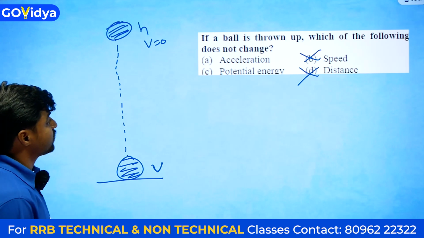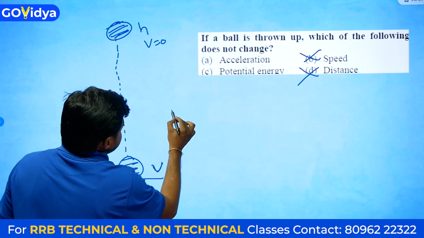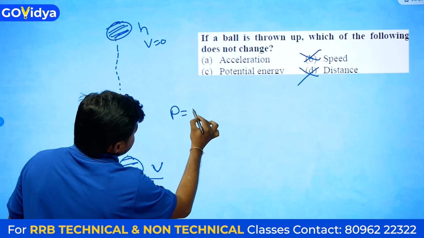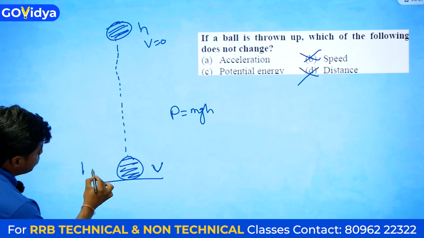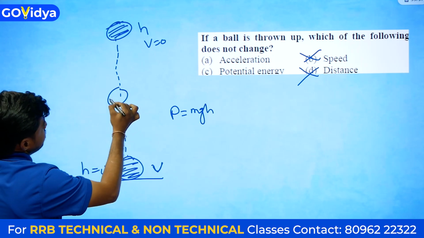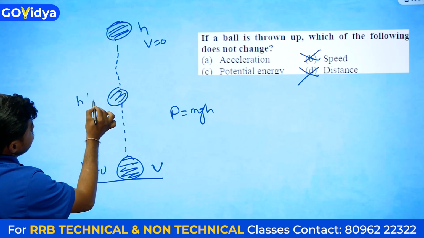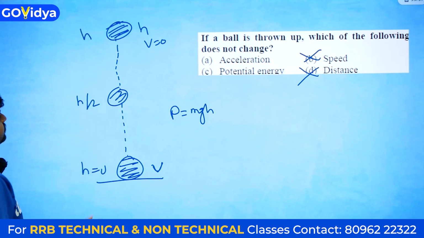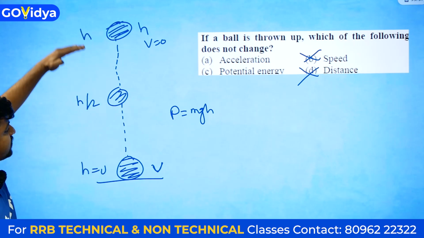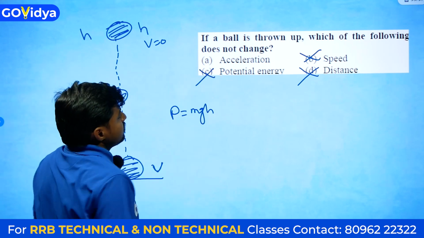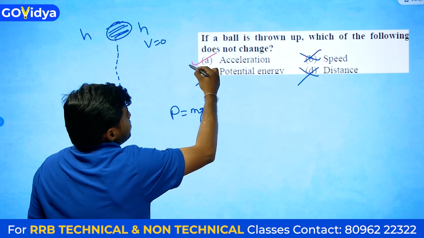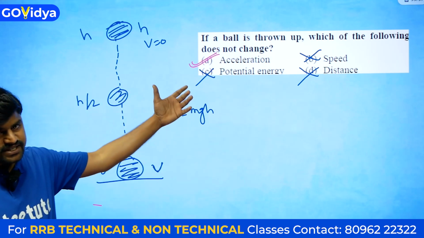Next, potential energy. What is potential energy? Potential energy is equal to mgh. Here h is changing. Here h is equal to 0, here h is equal to H by 2, and here h is equal to H. Height is changing, which means potential energy also changes. This is also a wrong answer. Acceleration will not change. Acceleration due to gravity will not change, so acceleration is the correct answer.